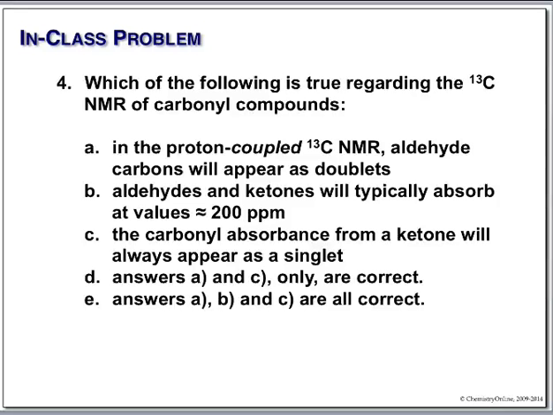We're dealing with an aldehyde, that means we have a hydrogen attached to the carbonyl carbon, which means that the carbonyl signal will in fact be split into a doublet. Again, they typically absorb around 200. There is no hydrogen attached to a ketone, is there? Therefore, that must be a singlet. A and C sounds to me like A, B, and C all work.